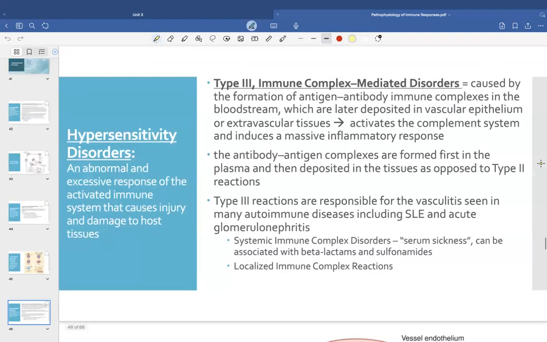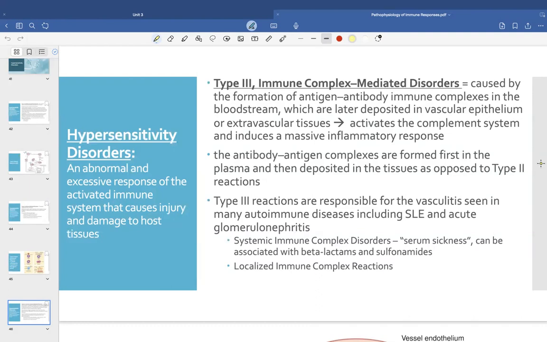The difference between type 2 and type 3 is that in type 2, the injury is targeted at the tissue that has the receptor, wherever the antigen is on that particular cell. Whereas these are antigen-antibody complexes that form in the bloodstream, which is circulating.